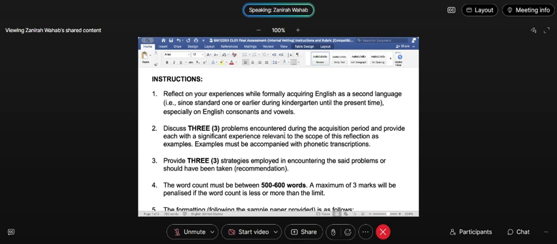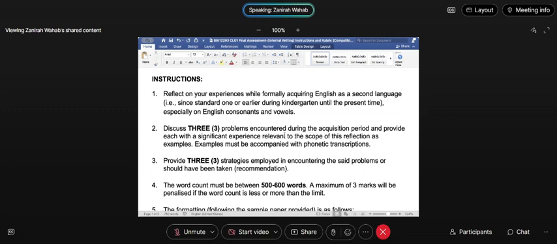And let's say if your first language is Malay, when you do the comparison, please discuss the L1 as well, the first language acquisition, and how you acquire the first might influence second language acquisition.